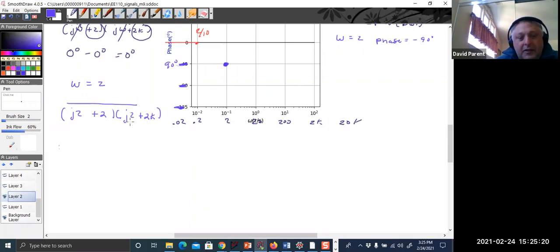This is much smaller than that, so the magnitude is mostly on the real side. But here you get square root of 2 with a phase of 45, which when you subtract it is minus 45.